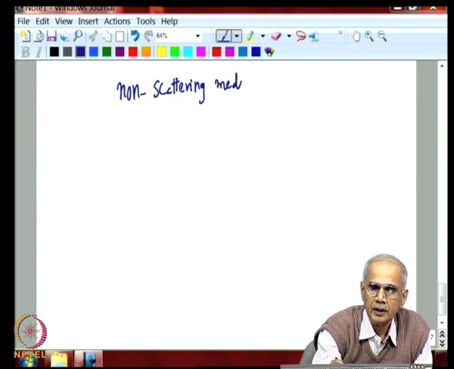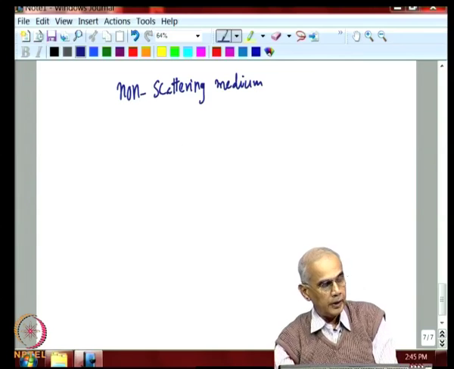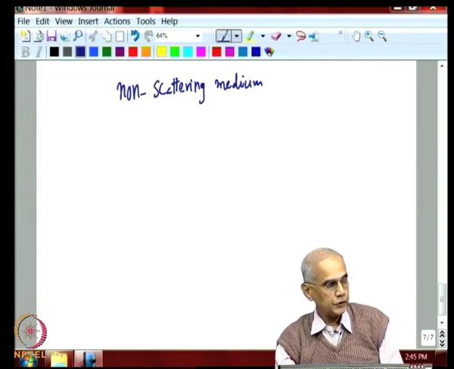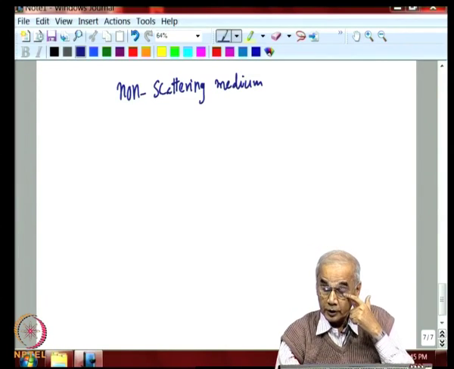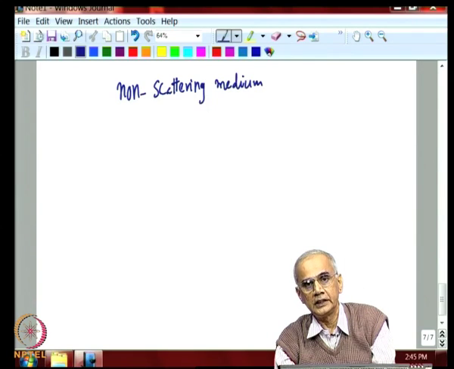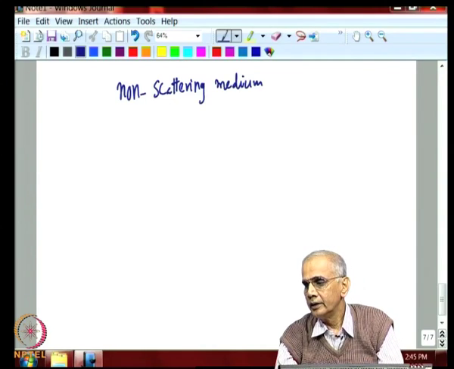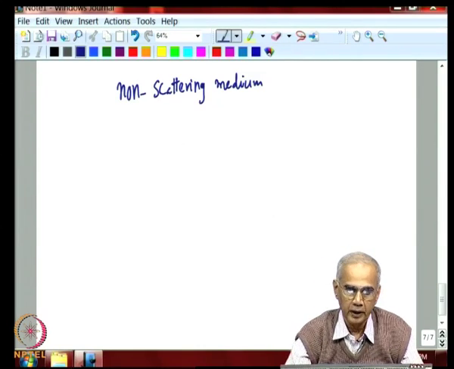That is a serious limitation, because there are many examples both in engineering and in the atmosphere where the presence of particles, liquid or solid, tends to scatter the photons, that is, photons change direction. So, that was not incorporated in our discussion so far. We had assumed that the gas was a pure absorber and not a scatterer.